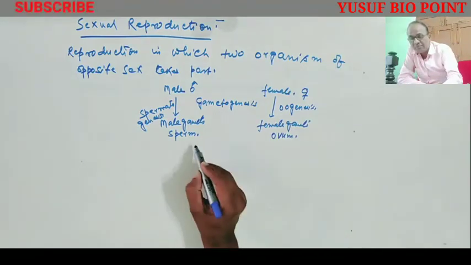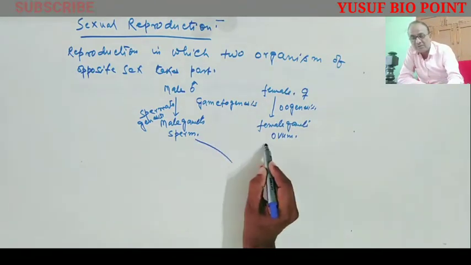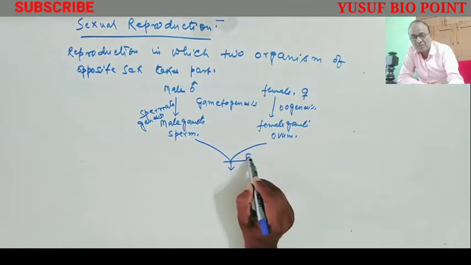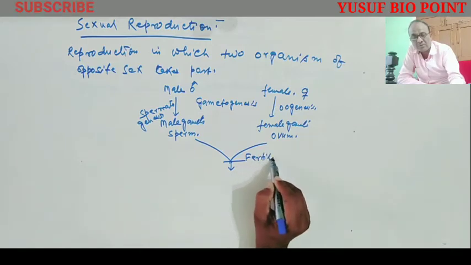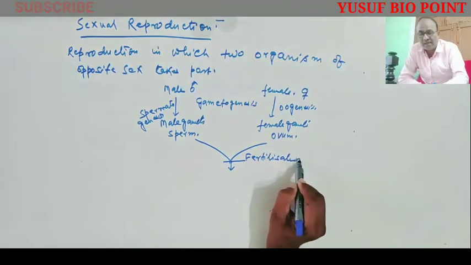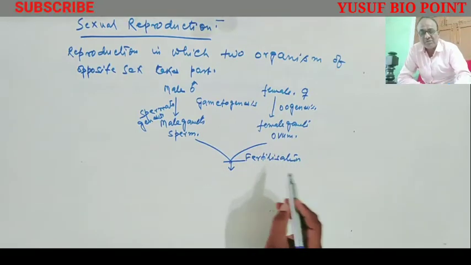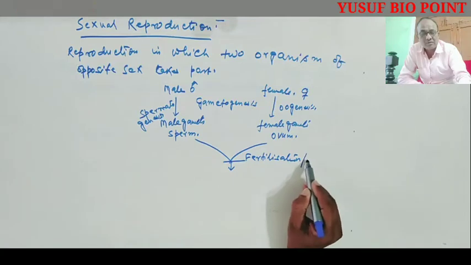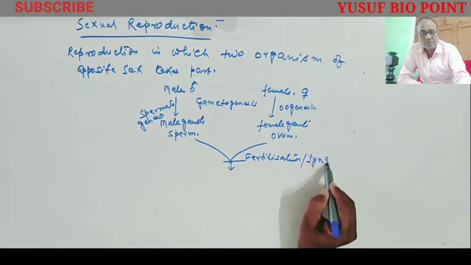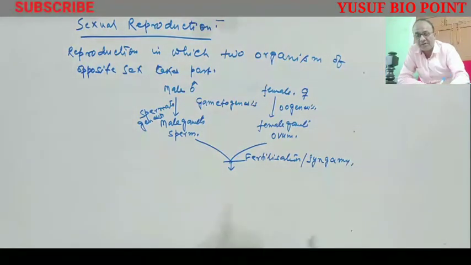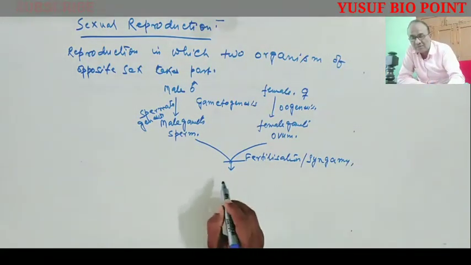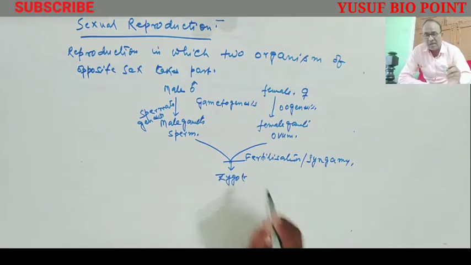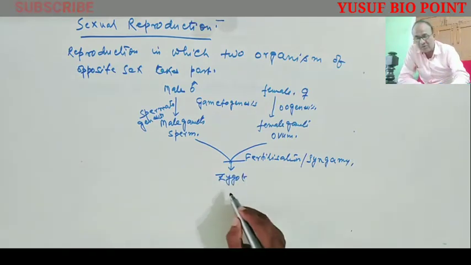Now they both combine, and that is fertilization, meaning union of both gametes. Fertilization is also called syngamy, and this fertilization causes the formation of the zygote.